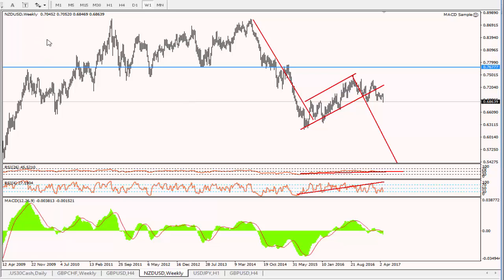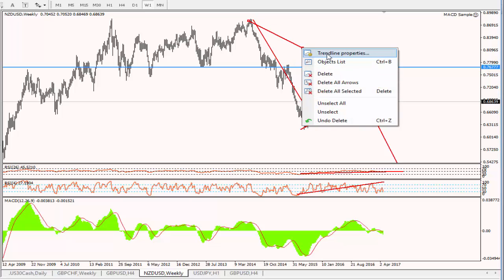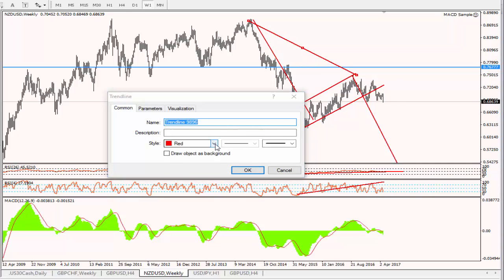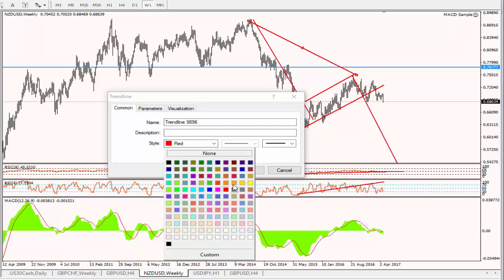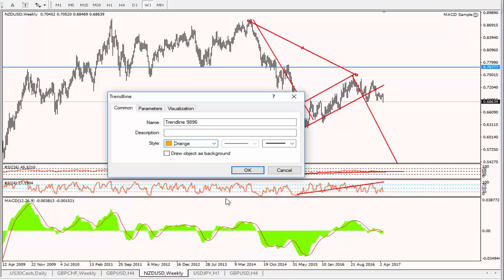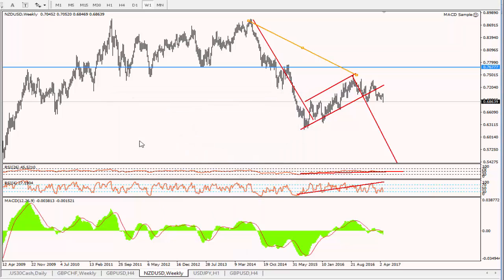So let's identify now the divergence. The divergence here would be from this point here to this point here. Now, why did I pick those areas to become the location for the divergence? I'm going to explain that to you in just a second.